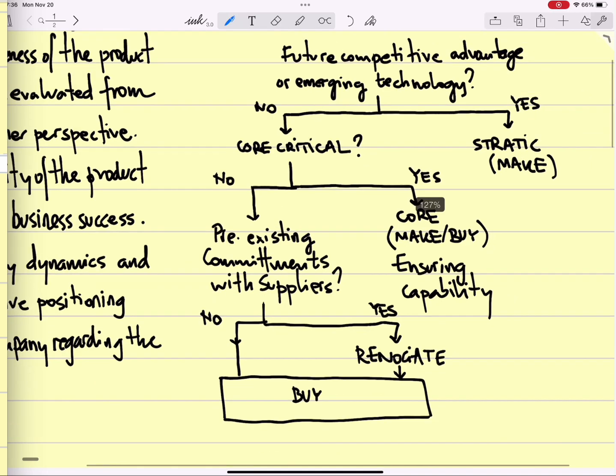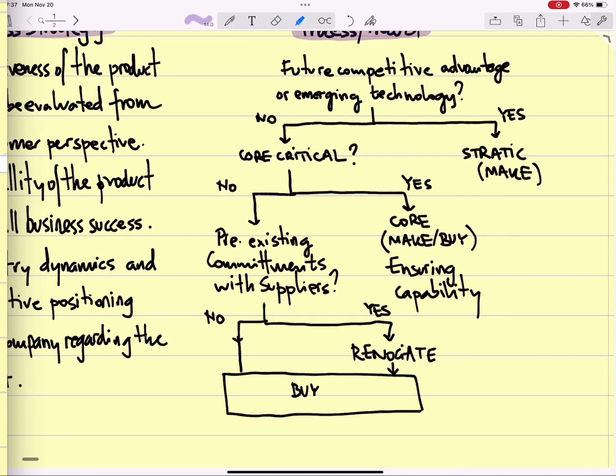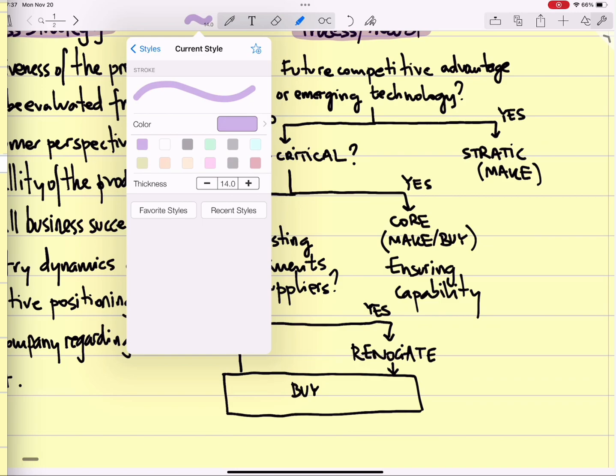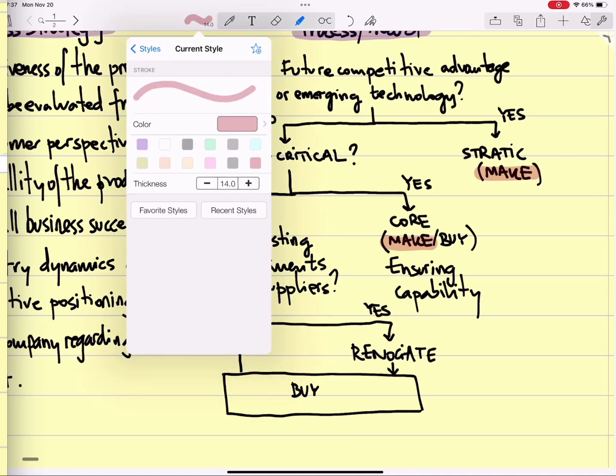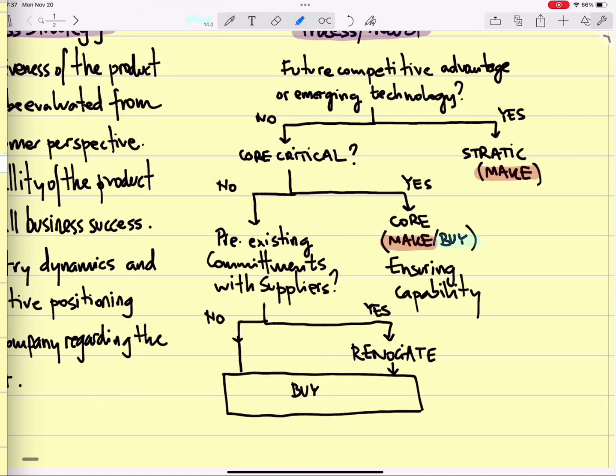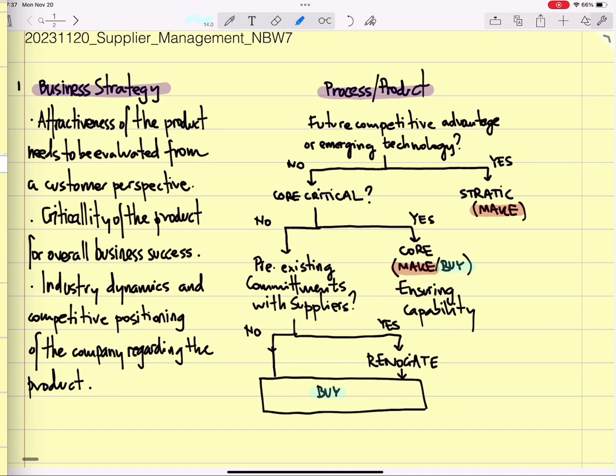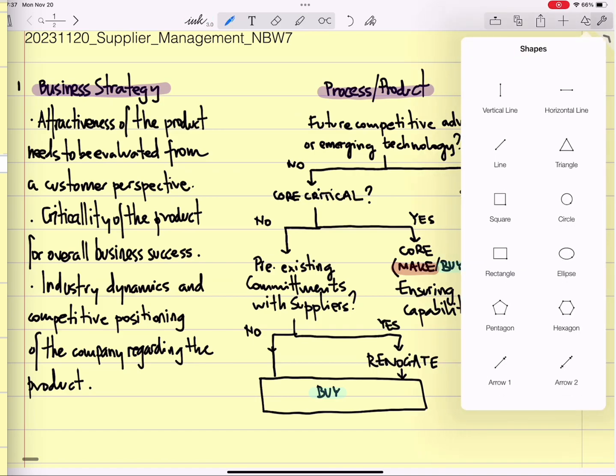Okay? So here, if we mark, let's say, make with the red and buy with the blue, that's what we have. Okay, so this is our decision tree. Any questions?